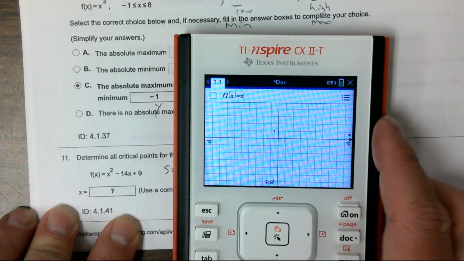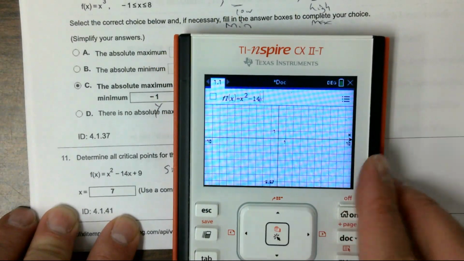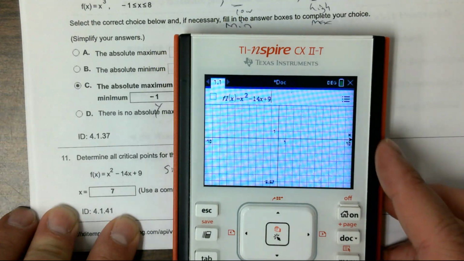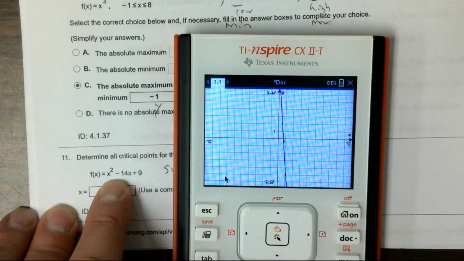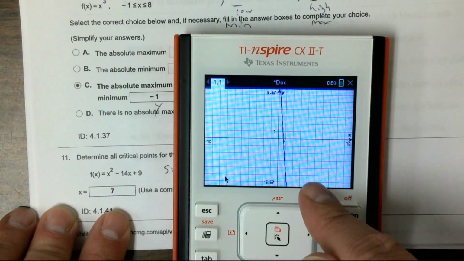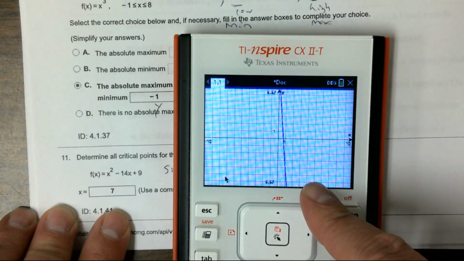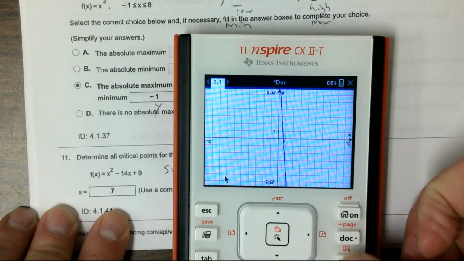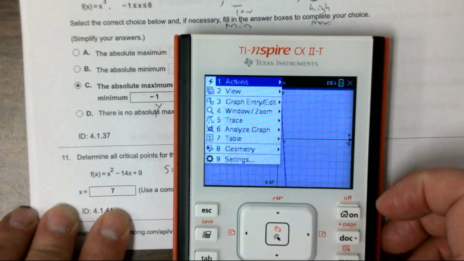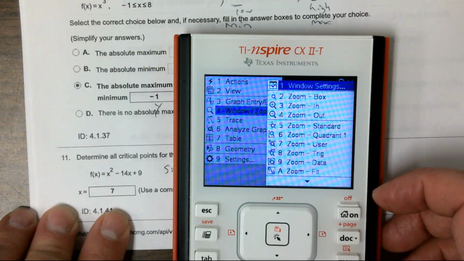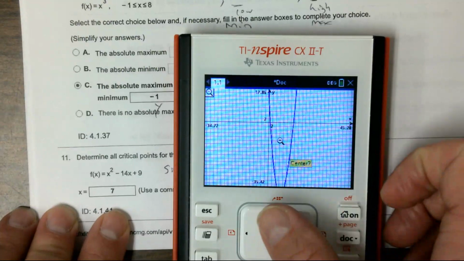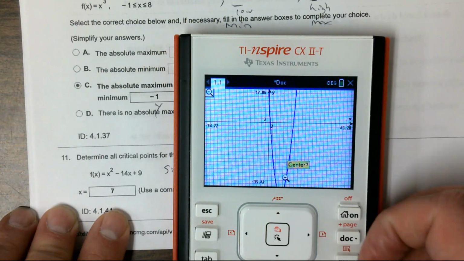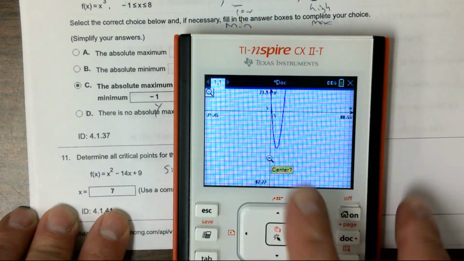X squared minus 14x plus 9. Okay, from the equation, it's squared, but from the graph, it looks linear. That means we're not at a good window. So you're probably going to want to zoom out. I don't know how much. Now I can tell. Like that. Okay, there's the minimum.